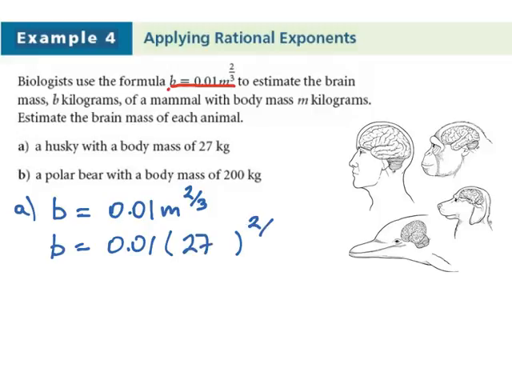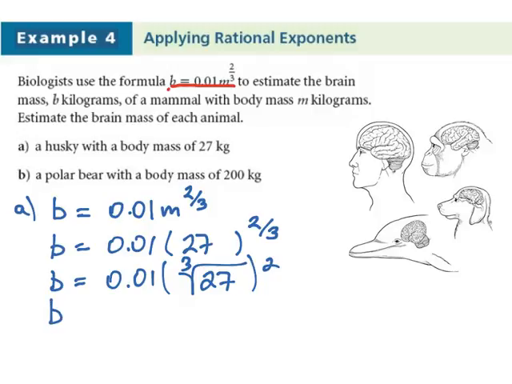It's a good idea to try to solve problems without using the calculator. So we're going to rewrite the 27 into our radical. So 27, the index is 3, and we're going to square it. So B is 0.01 times the cube root of 27, which is 3, to the power of 2.